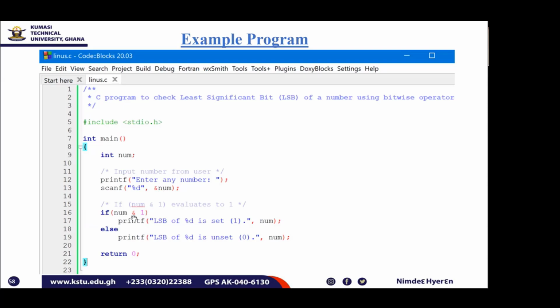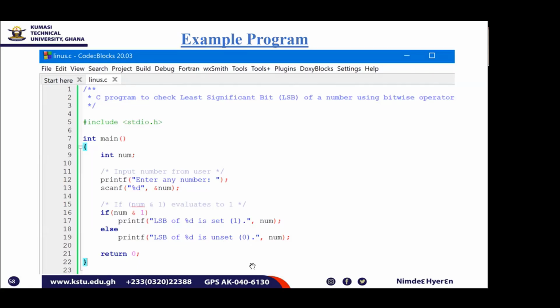So if num and 1, then we are saying the LSB of the integer is 1. Else, that will mean that num and 0, so the least significant bit will be 0.